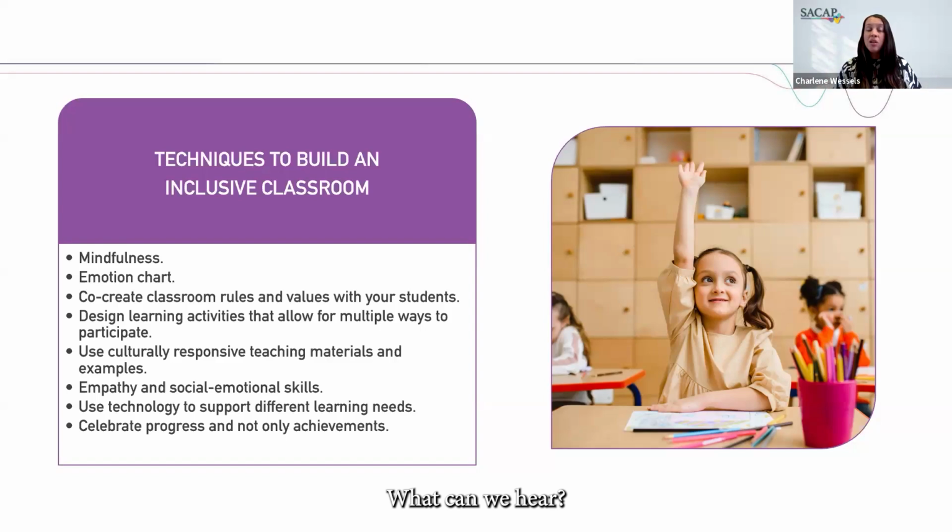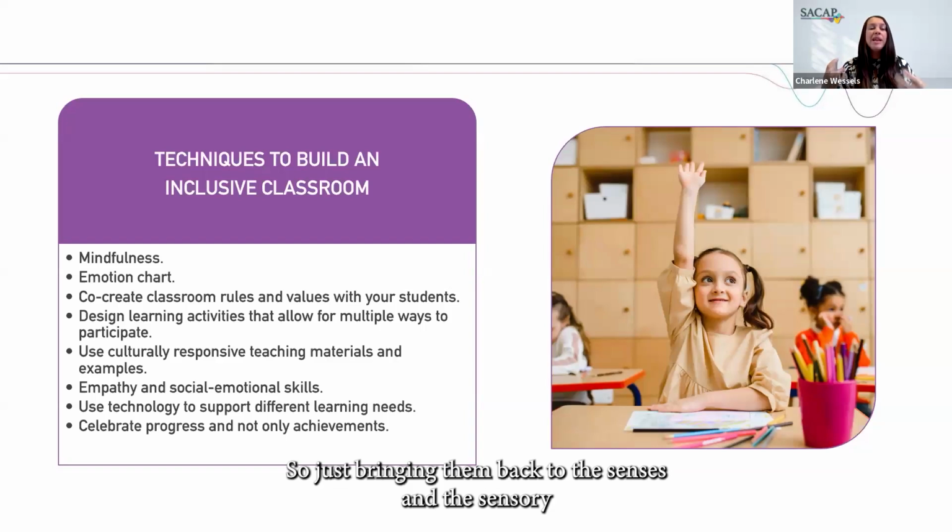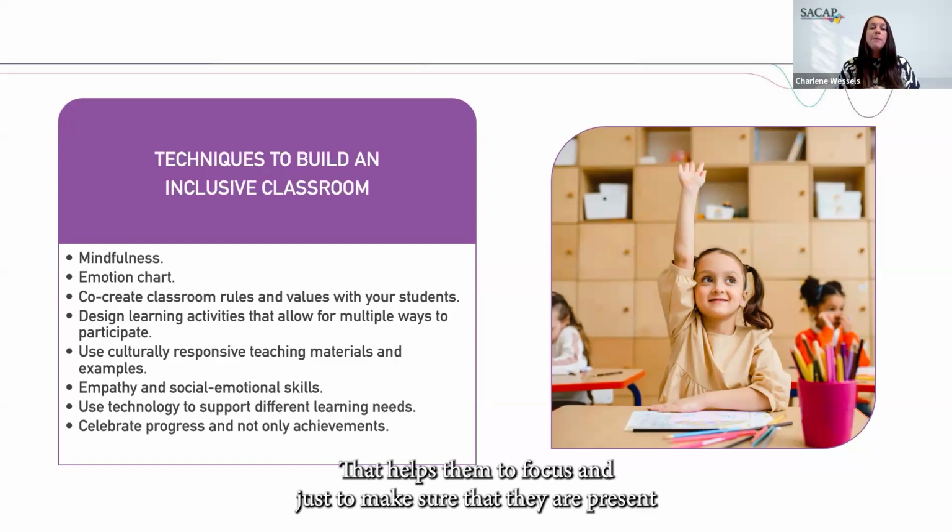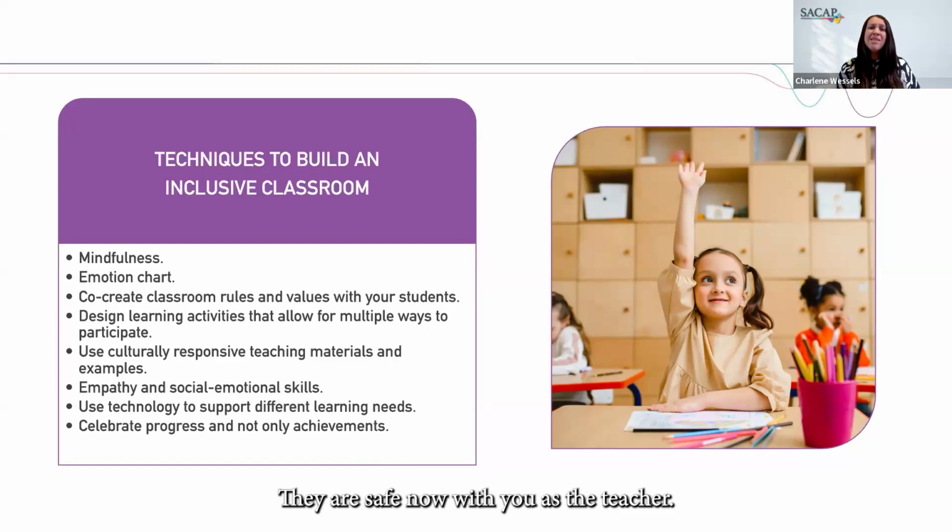What can we hear? What can we feel? What can we touch? What do I smell? What can I taste? So just bringing them back to the senses and the sensory experience of being in the class and the here and now. That helps them to focus and just to make sure that they are present and they are in the situation and they know that they are safe. They are safe now with you as teacher.